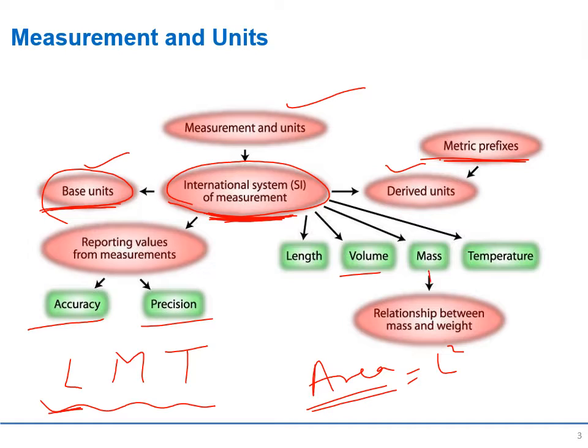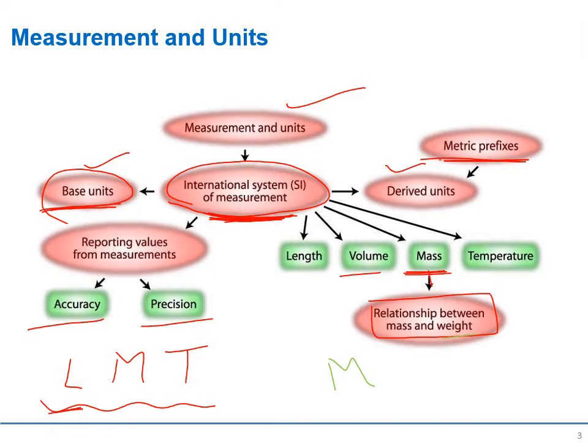Mass. When we talk about mass, there is the relationship between mass and weight. If you think about these two terms, what's the similarity and what is the difference between them? When I say mass, it means just m.